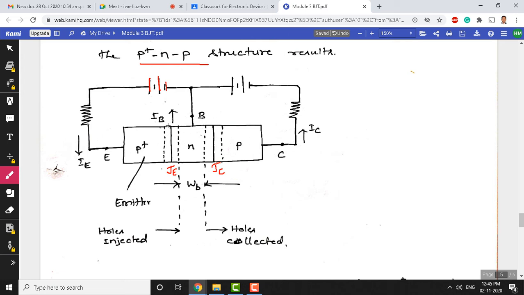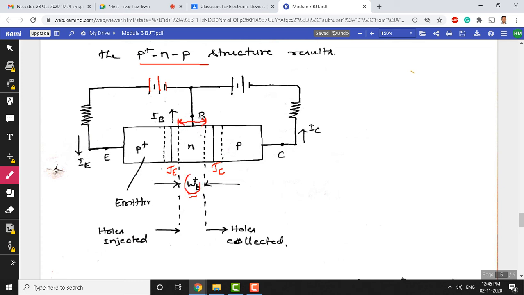One depletion region is formed between p plus and n, and there is another depletion region formed between n and p here. So for this device to be useful, this collector junction JC should always be reverse biased, the emitter junction should be forward biased, and WB indicates the distance between the depletion region here and the depletion region here. So this distance is nothing but the WB. Okay.